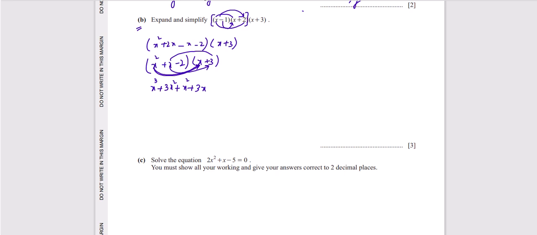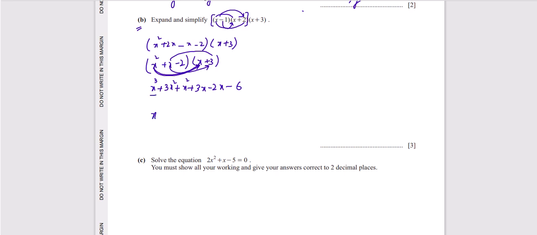Minus 2 multiplied by x is equal to minus 2x, and minus 2 multiplied by plus 3 is equal to minus 6.